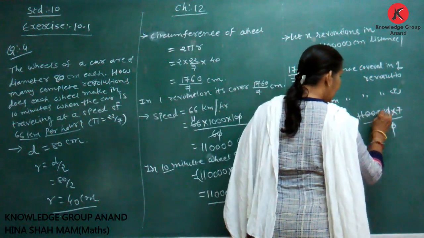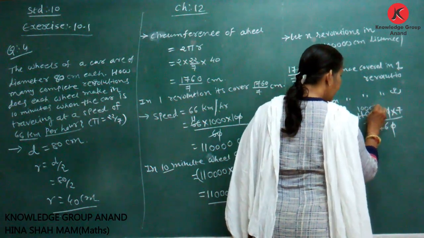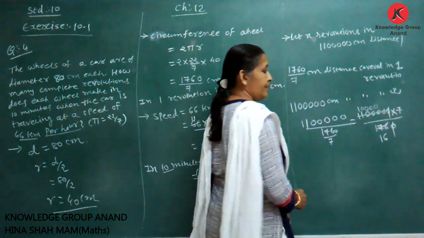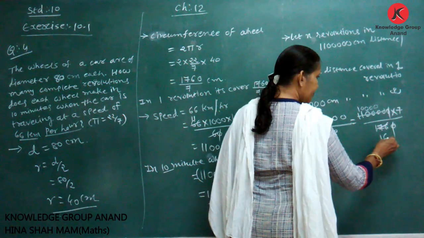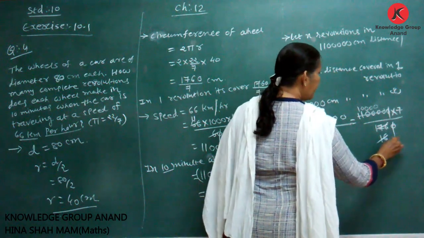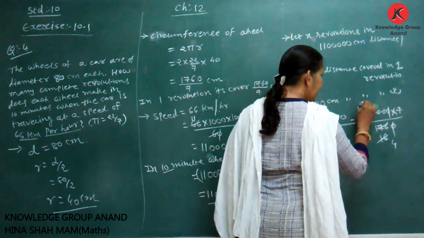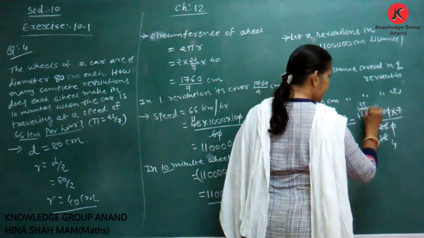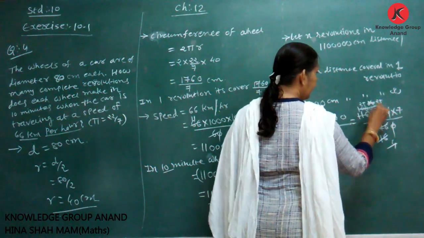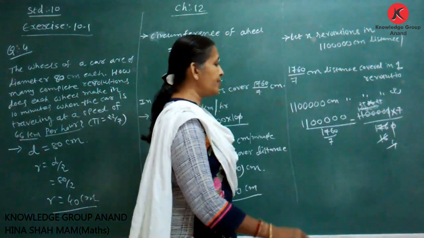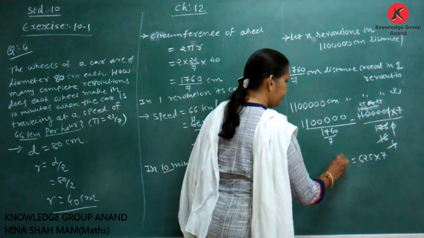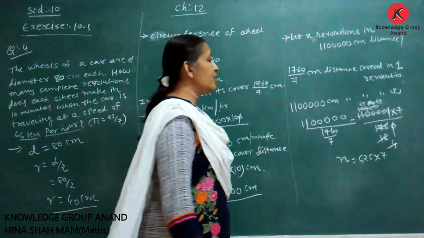Here 11 ones are 11, 11 sixes are 66. Now 16. 4 4s are 16. 4 25s are 100. 25 into 25 into 7 is equal to 625 into 7 revolutions. How many revolutions?